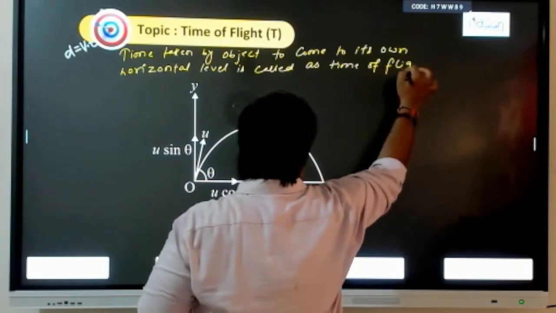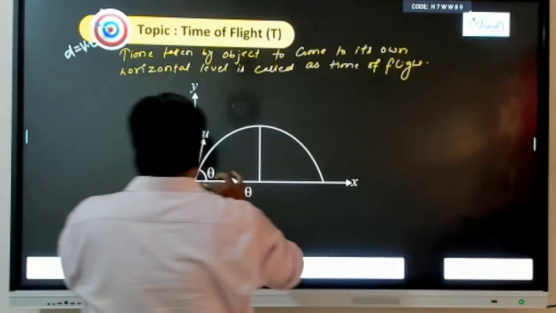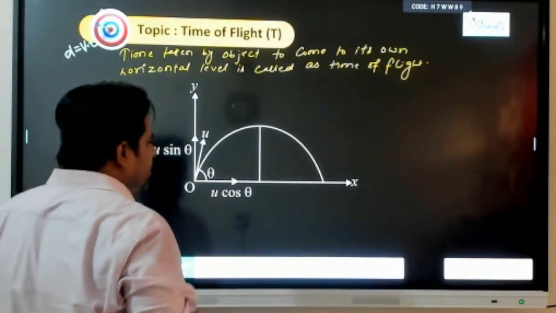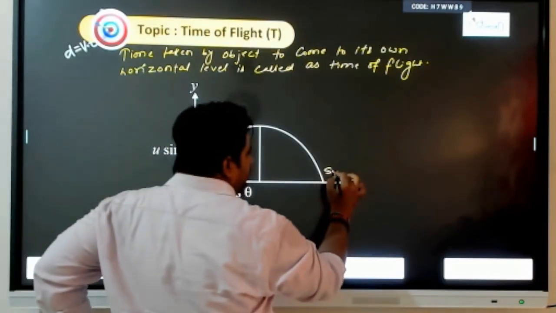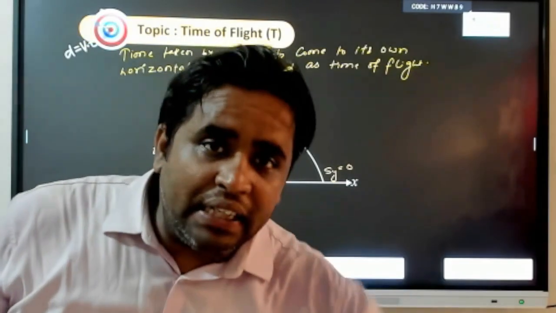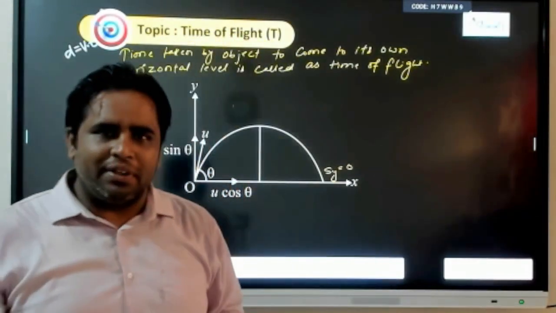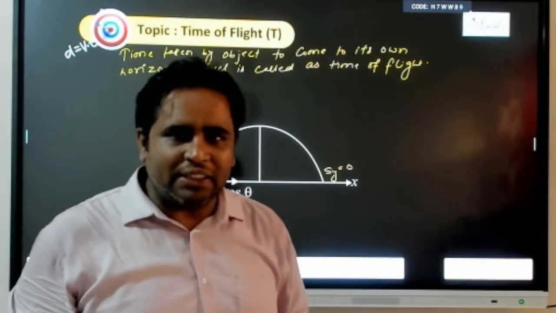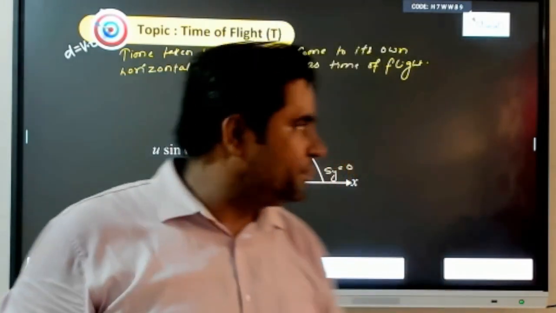So guys, let me know one thing. If it is coming to its own horizontal level, then definitely Sy will become 0. Its definition itself is telling you about the concept. So definitely displacement in y direction will be considered as 0.